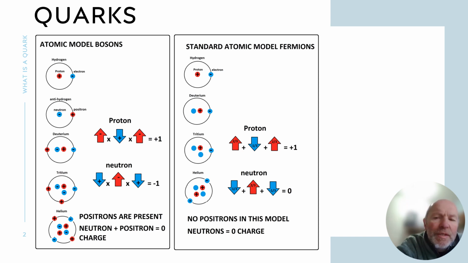A fermion is a type of particle that can't occupy the same place in space and time as another fermion. So it obeys a rule called the Pauli exclusion principle. And so that means that two electrons can't be in the same energy level at the same position within the structure of the atom, because their negative charges will repel one another and they can't occupy the same place.